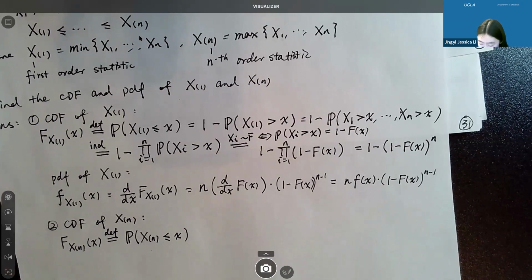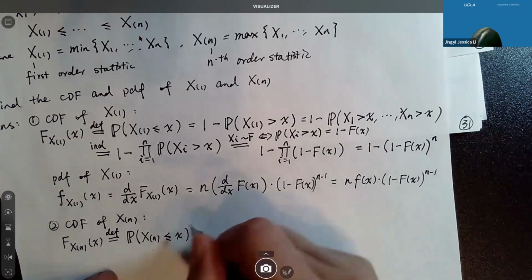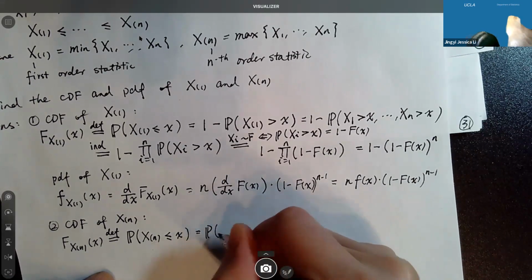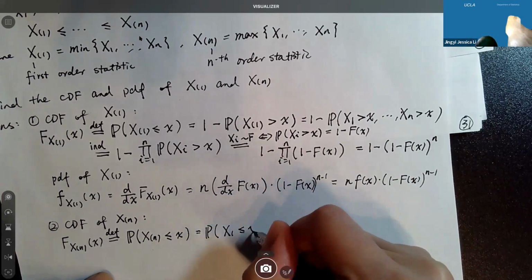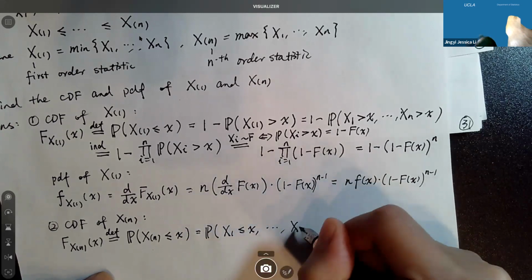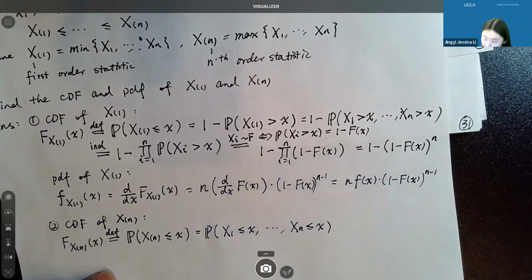Since we know the maximum of the random sample is under small x, it means that every random variable is under small x. So we can re-express this probability as X1 less than or equal to x, up to Xn less or equal than x, right? That's what maximum implies.